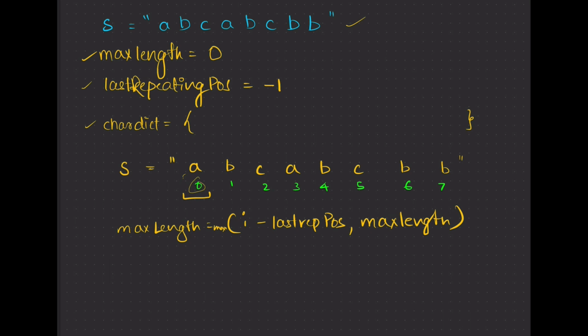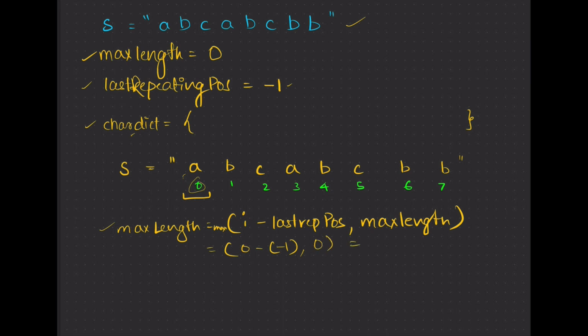So let's run through the solution for this specific example. Now at the first index, we would check if this A is in the character dictionary. If it's not, we would just get the max length and update the value of the dictionary. So here the max length would be 0 minus -1, the last repeating position, and max length, which is 0 right now.